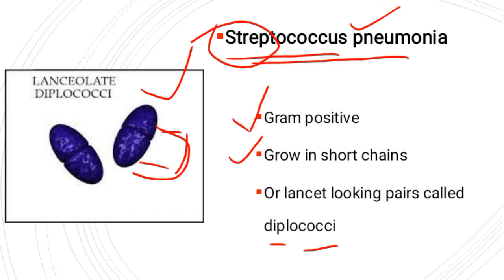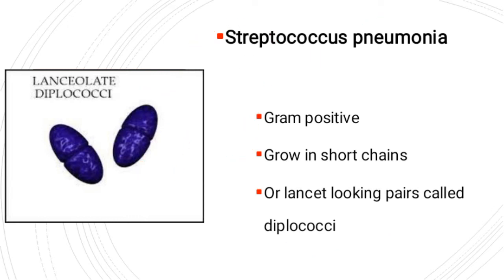These are two cocci. Another name for that is lancet-shaped diplococci. Really? Lancet shape? The word lancet means oval. As you can see here, the bacteria is oval shaped. The two oval shaped bacteria are here. The oval shaped bacteria that are arranged in pairs are called lancet-shaped diplococci.